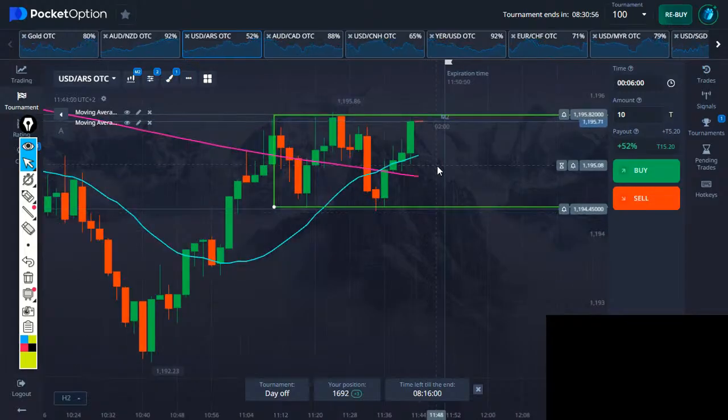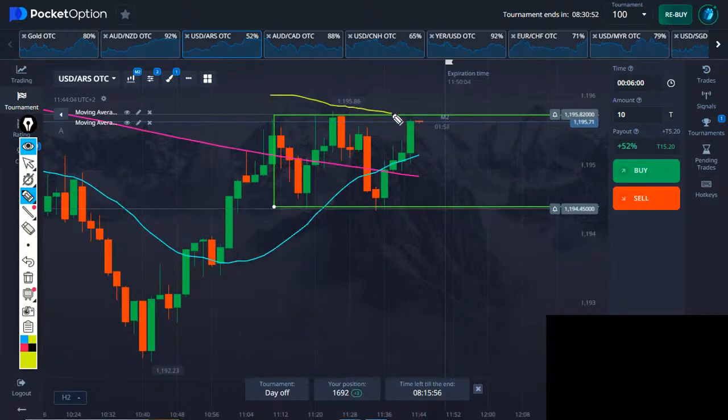You see, you don't take the trade. You wait for a clean breach of this area. Strong power. We need a strong, powerful bullish bar.